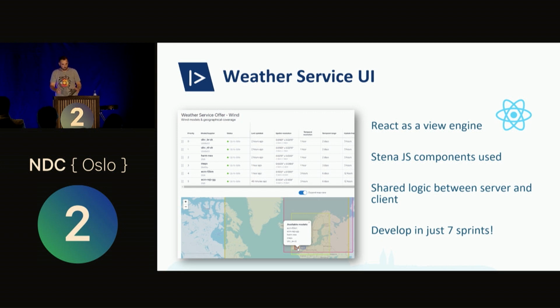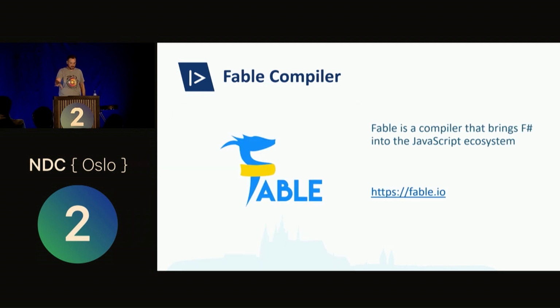It was so cool, and if you're thinking maybe I should give F# a chance, but I'm not sure I like front-end stuff, I definitely recommend you have a look at the Fable compiler, which is nearly at version 4.